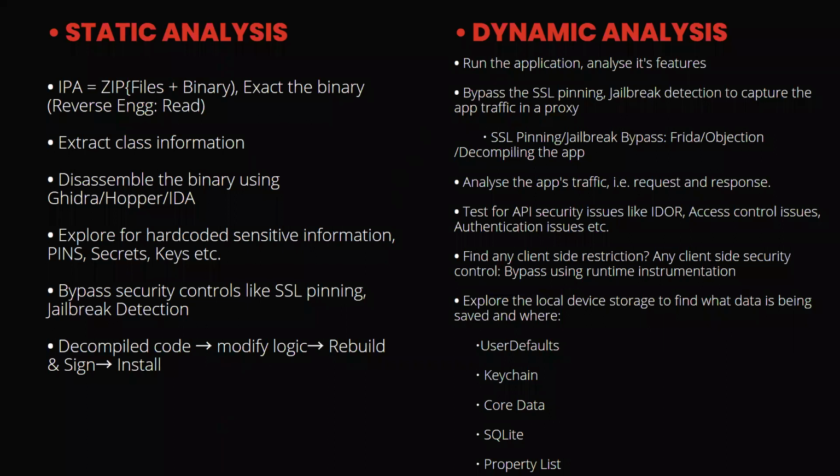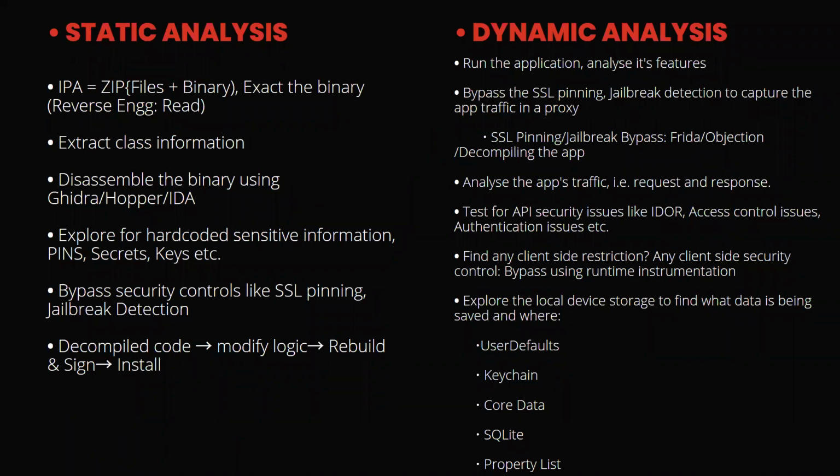The second part is dynamic analysis. As the name suggests, we actually install the application on the device, run it, and analyze its features. The first thing you need to do is run the application, look into the different features, and make note of all the security controls implemented in the application.